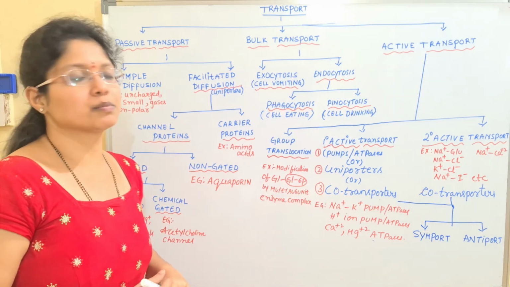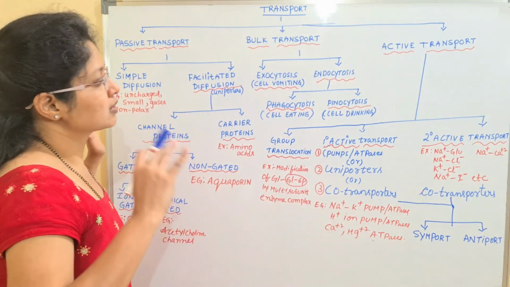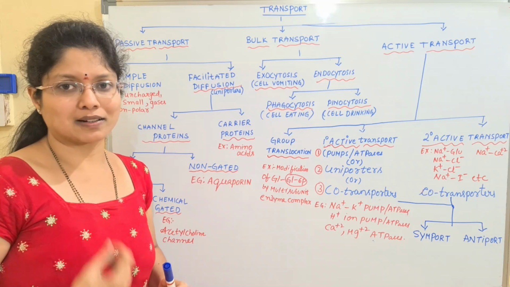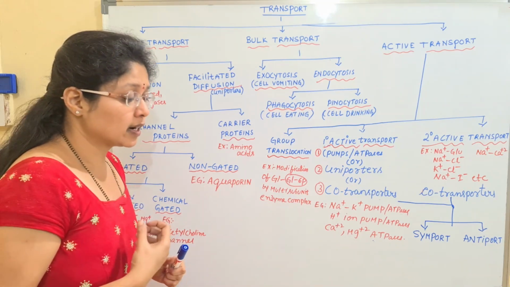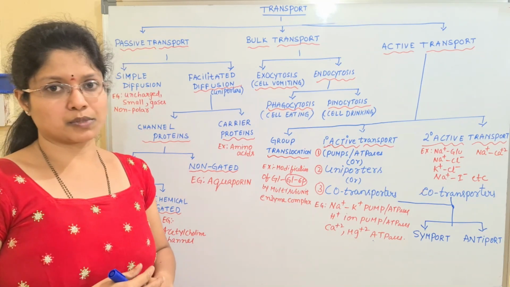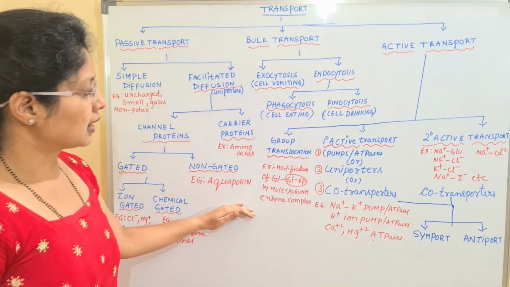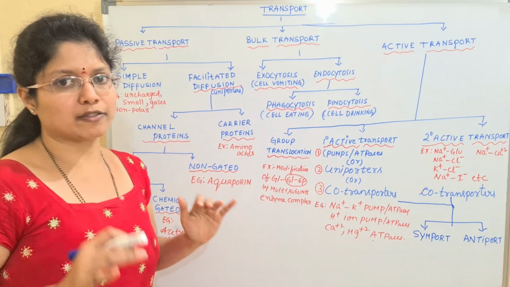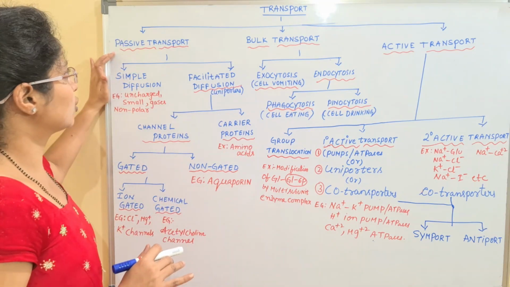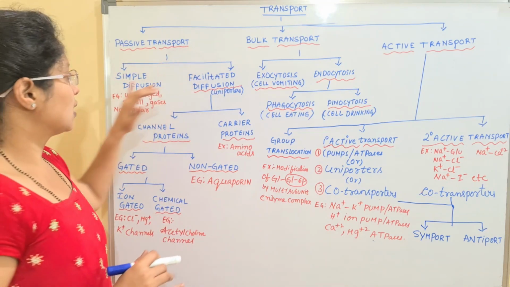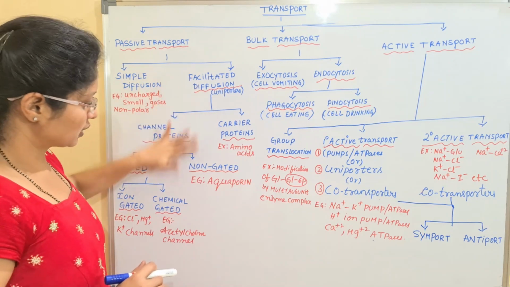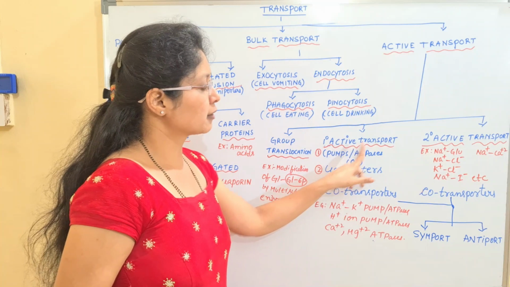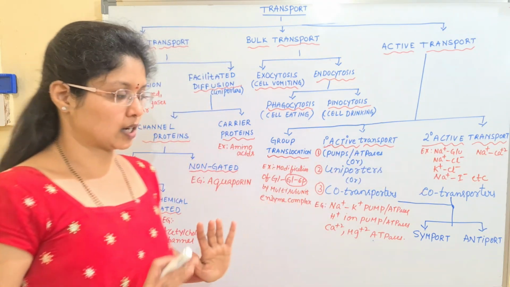So overall, if you observe, we have discussed all these concepts regarding transport. Children, it requires a lot of practice and a lot of revision, and you even have to memorize many terms. Mainly regarding the transport system, you have to concentrate. For NEET, mainly you have to concentrate on passive transport, simple and facilitated diffusion along with examples, and active transport, primary active transport and secondary active transport.